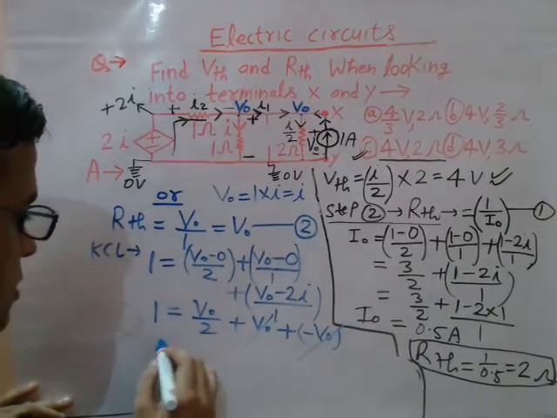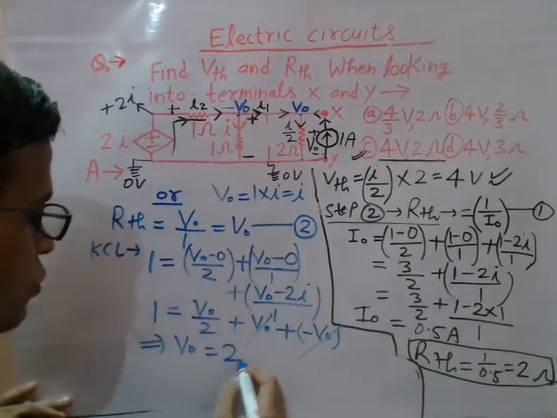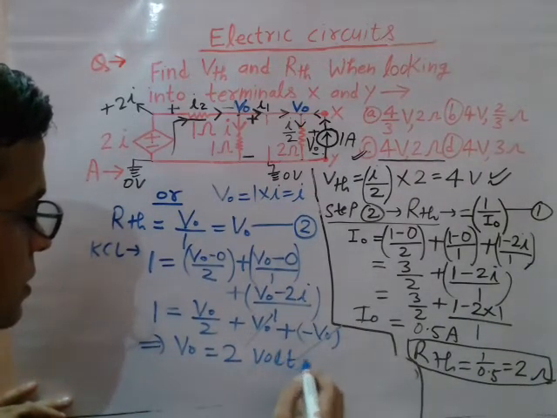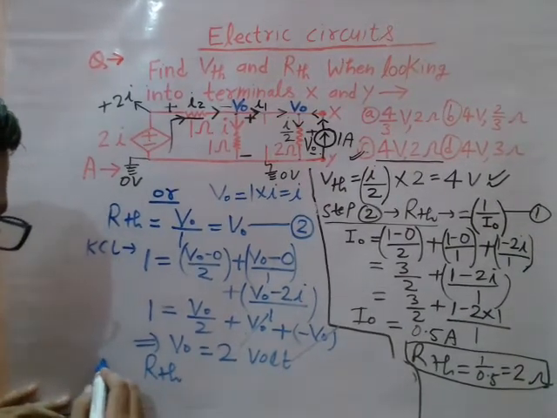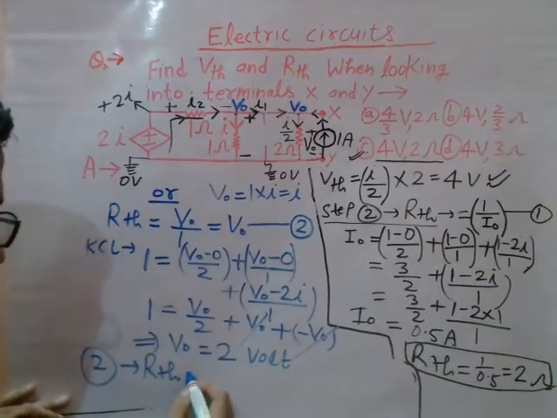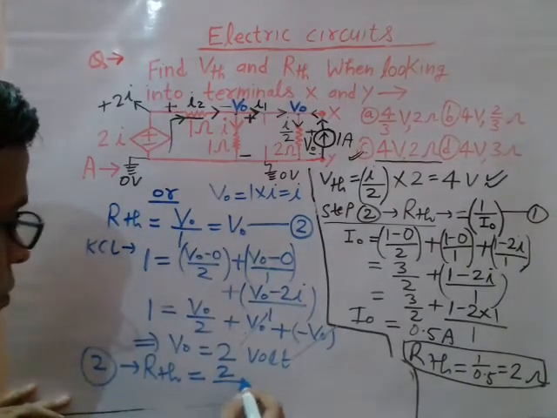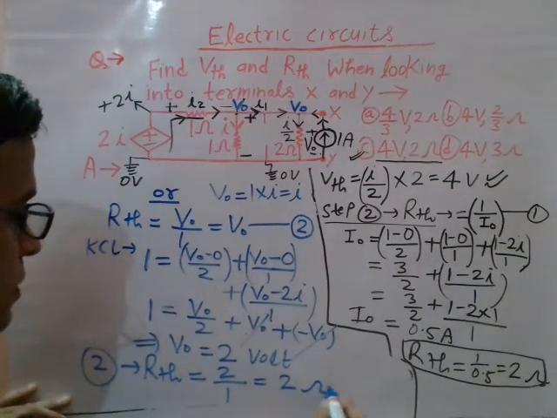So here you will get V0 by 2 equal to 1, or V0 equal to 2 volts, right? That means now you can find out RTH from equation number 2. RTH is nothing but V0 divided by 1, so RTH will be equal to 2 ohm, right?